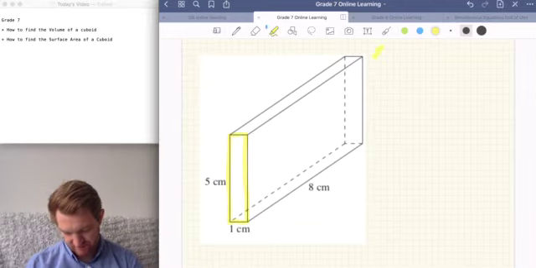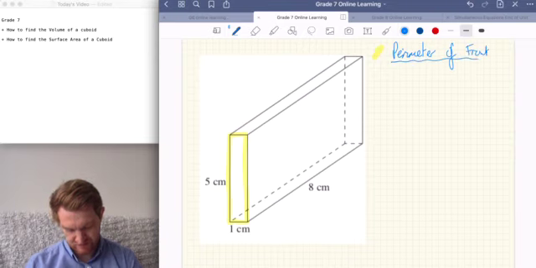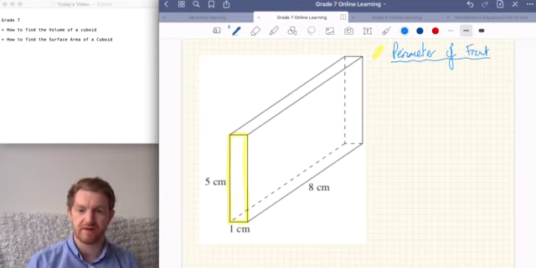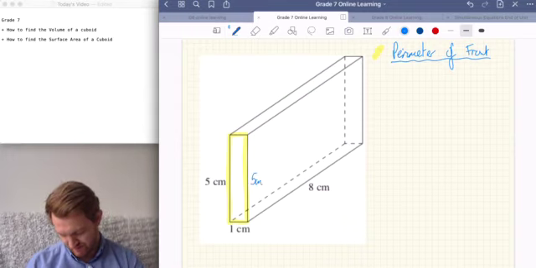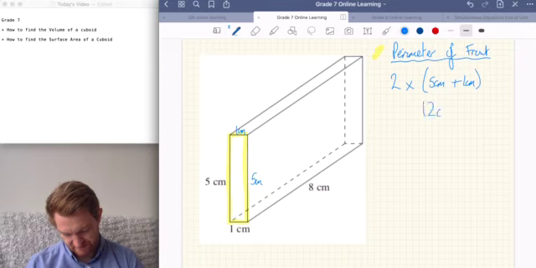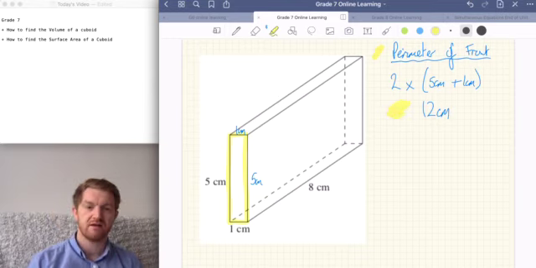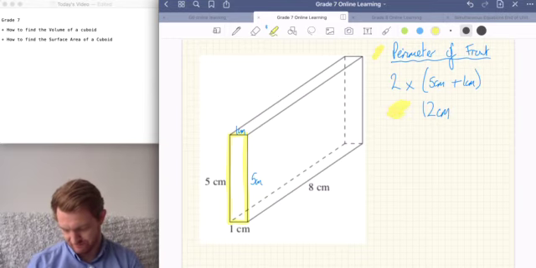We could work out the perimeter of the front. And hopefully you've been doing your revision, which we did last week, of perimeter of rectangles. We say you've got 5, obviously here, and a 1 on the top. So it's going to be 2 lots of the 5 and the 1. So that's 12 centimeters. So that yellow perimeter is 12 centimeters long.